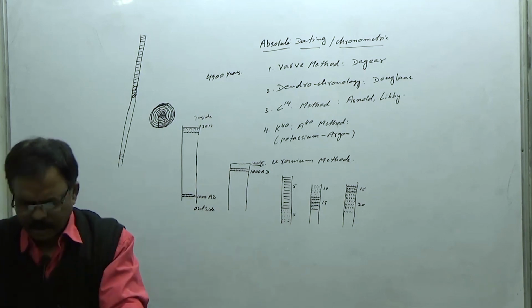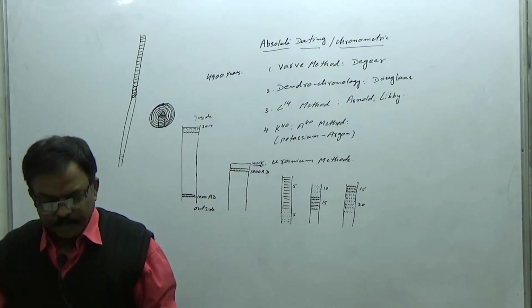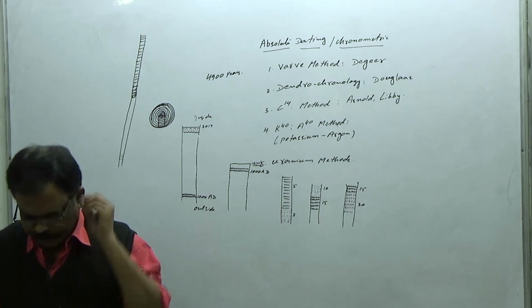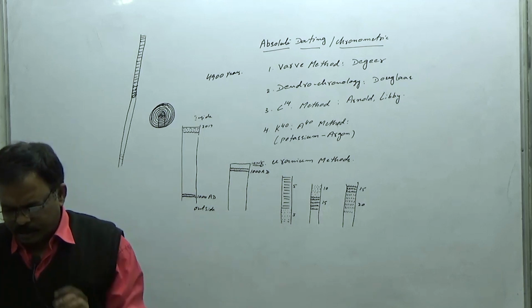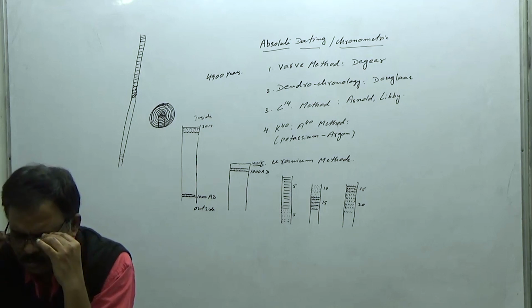Dendrochronology method is a botanical method. This method was proposed by Douglas.